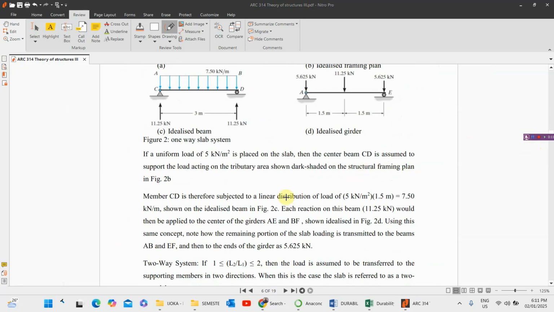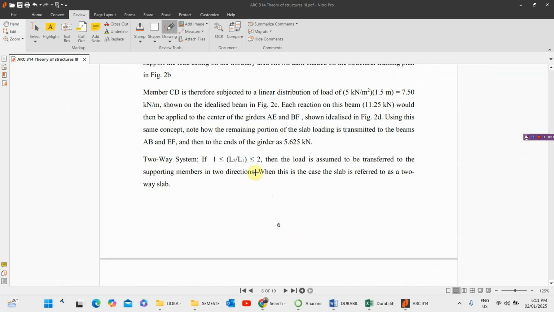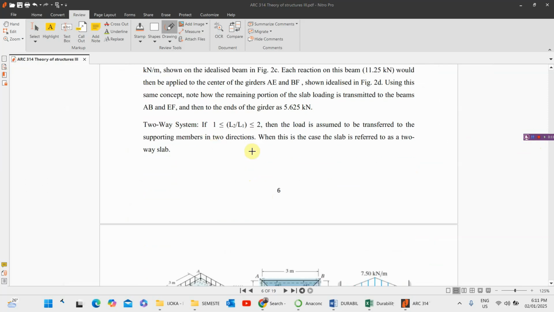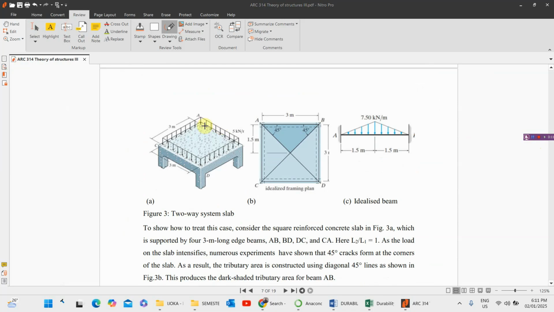So all those explanations were for a one-way slab system. So we have another scenario, that is, let us look at a two-way slab system. Now looking at this one, this is an example of a two-way system. In this particular scenario, it is carrying 5 kilonewton per meter square, and it spans 3 meters. Now how is the load being distributed in a two-way slab?